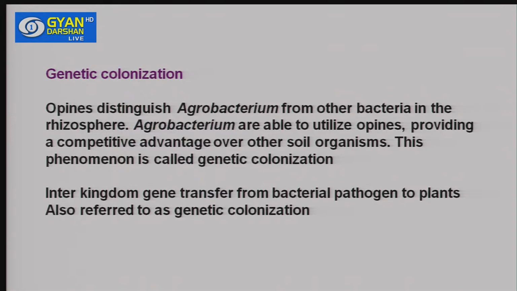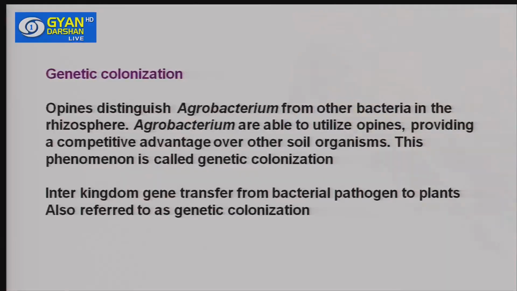And the reason for that is the opine, because opines actually distinguish Agrobacterium from other bacteria in the rhizosphere, because till date, Agrobacterium is the only bacteria which is capable of utilizing opines. No other bacteria can utilize opines. So this provides Agrobacterium a competitive or selective advantage over other bacteria. Other bacteria, even if they try to infect the plant, will not be able to infect it in the same fashion, and they cannot be utilized for plant transformation.